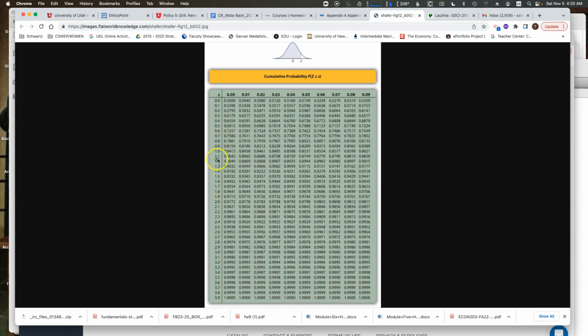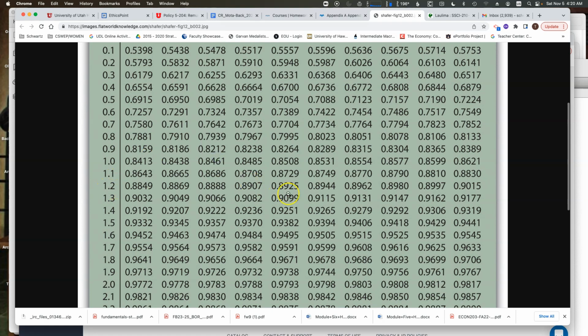So, sorry, we can make this bigger. 1.25 is right here. So that's a z of 1.25. And if we want it to be less than -21, the table gives 0.8944, which would mean that what is remaining here is 1 minus 0.8944.